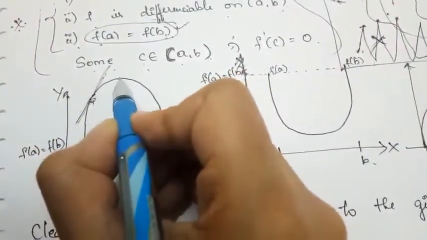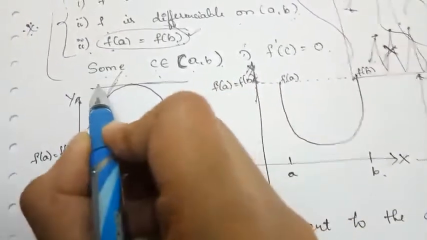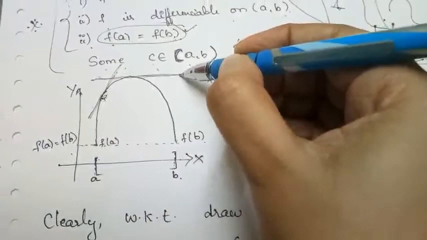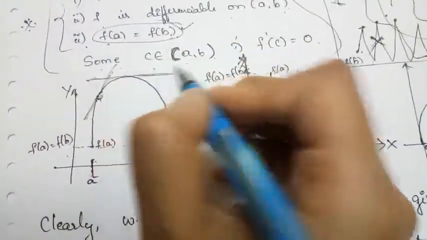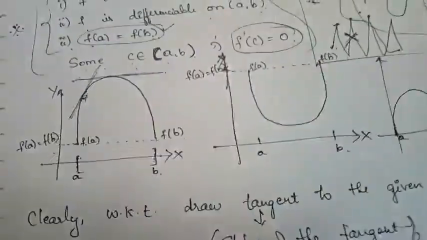You can see here at this point, if I draw the tangent, obviously this tangent is parallel to the x-axis. When any line is parallel to the x-axis, then the slope of that line is equal to 0. The slope of that line is equal to 0 means what does that imply?